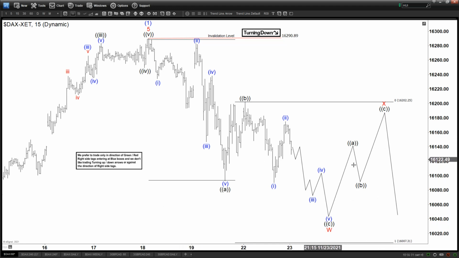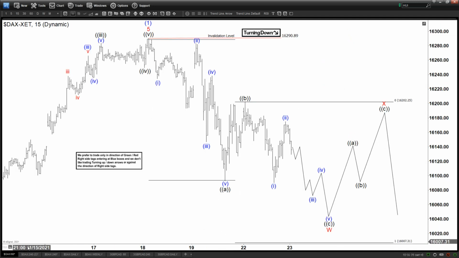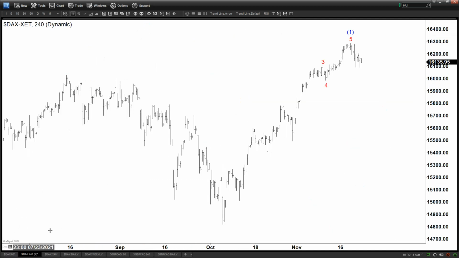Okay, so zooming out a little bit, this is a 4-hour chart. I'm putting in 5 of 1 here, which is the same 5 of 1 here. What we are dealing with right now in the shorter cycle is basically the entire cycle from October 6th. So what the DAX is doing is ending this cycle from October 6th, and then it is trying to correct that cycle in a larger 3 waves.